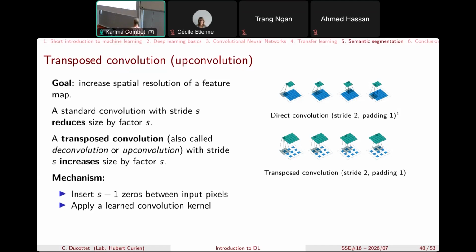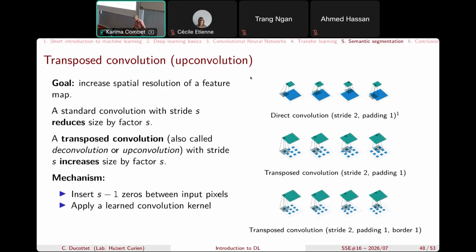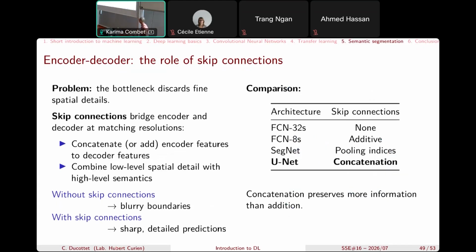It is an interpolation between the pixels that we have, and we are integrating the information. So we insert some zeros, and we apply a learned convolution. We could do this with borders, it's not important.